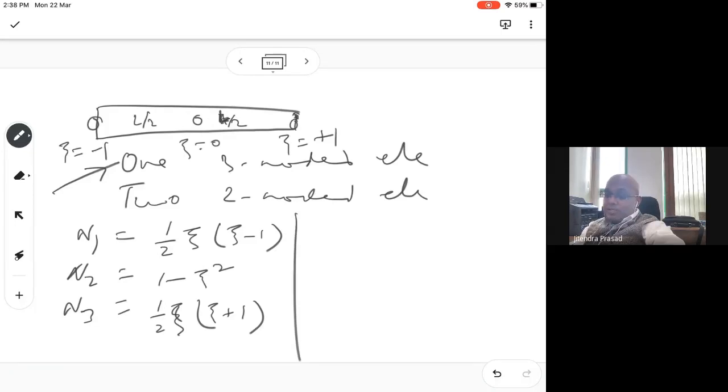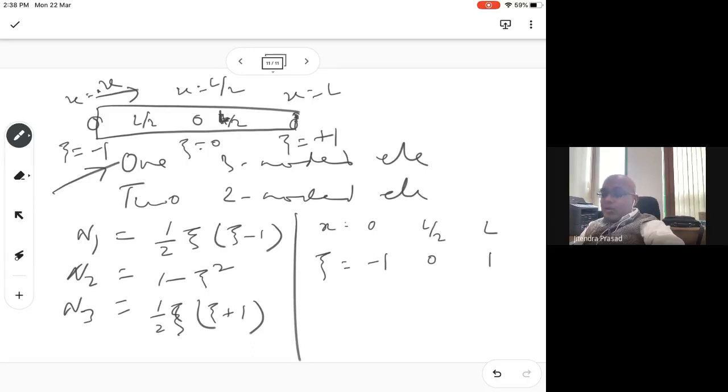What kind of transformation? Let us say in your case, x starts from here, so x equals 0 here, x equals L over 2 here, x equals L here. The transformation will be like this. Either you can just interpolate: x equals 0, L over 2, L, and xi equals minus 1, 0, 1, right?